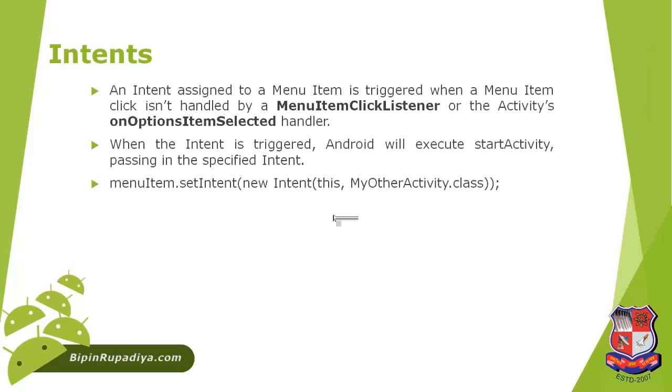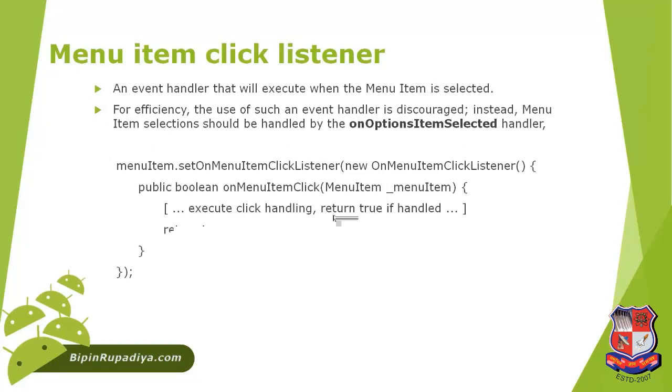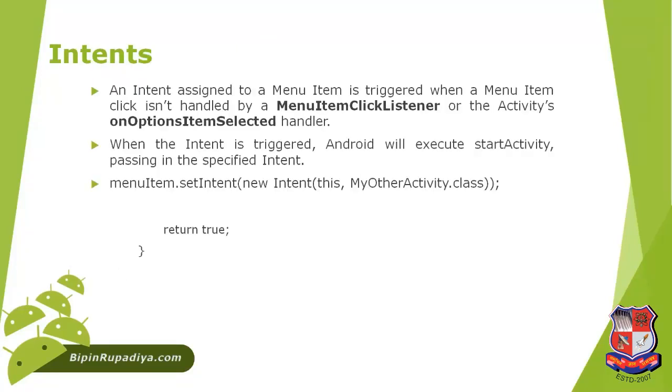Another thing: in a menu item you may want to set an intent. Say I don't want to set the listeners that I discussed in my previous slide, what you are seeing on my screen right now, but I want to attach an intent that needs to be triggered. You can set that intent right here with the help of the setIntent method.